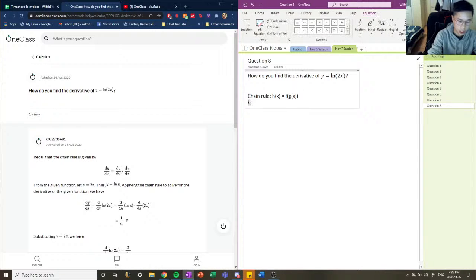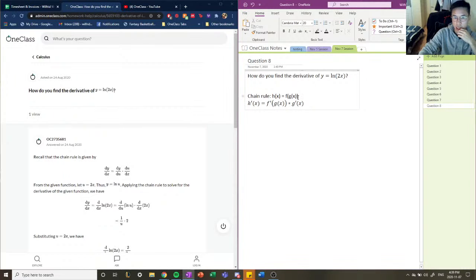So h prime of x would equal f prime of g of x times g prime of x. So that is the chain rule.